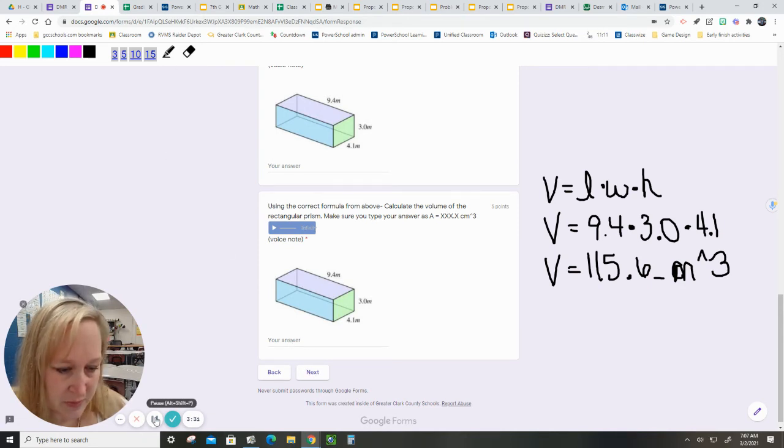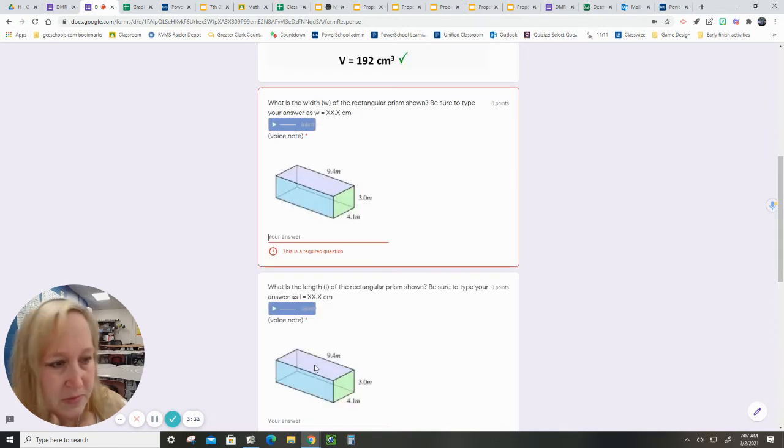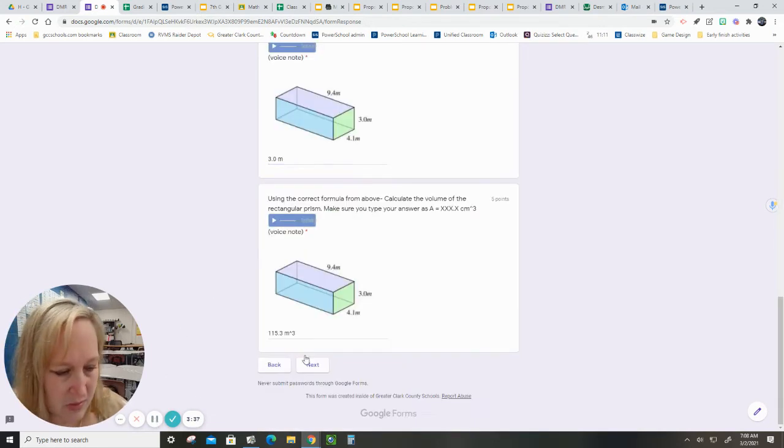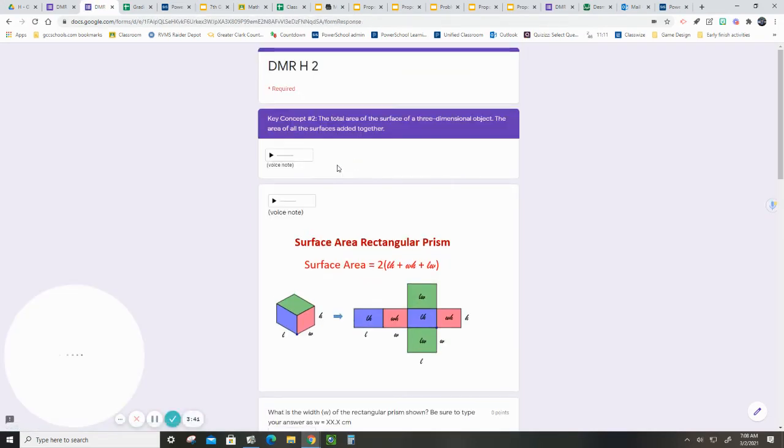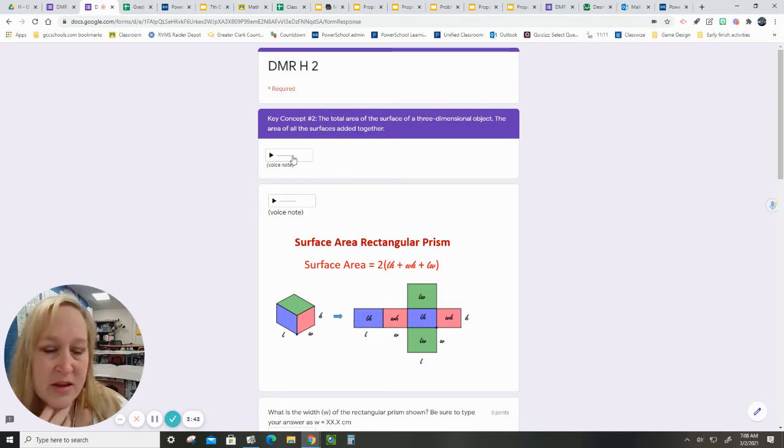Let's see. Oh, I guess I didn't put my answers. Okay, this is the second key concept. Key concept number 2, the total area of the surface of a three-dimensional object is the area of all of the surfaces added together.